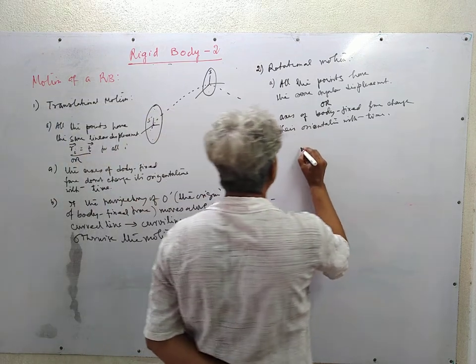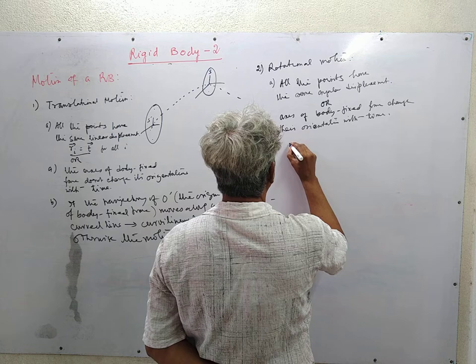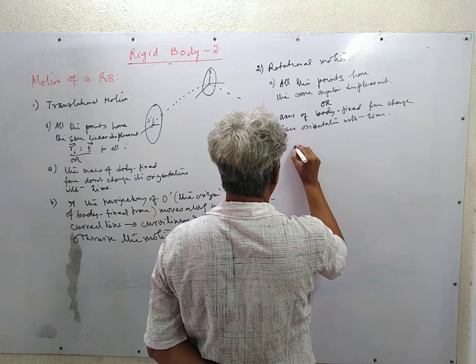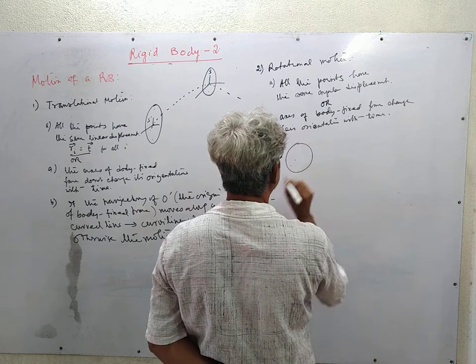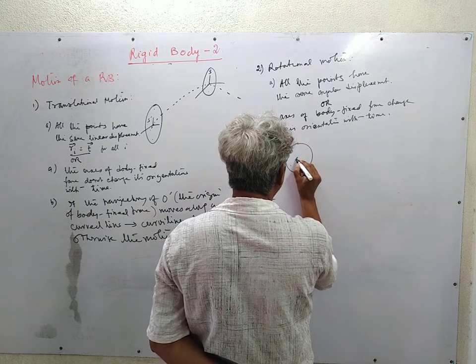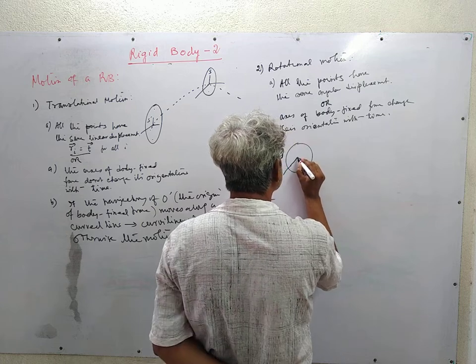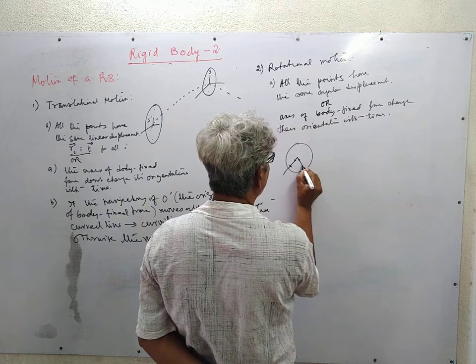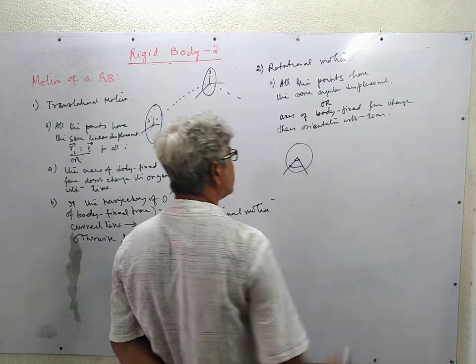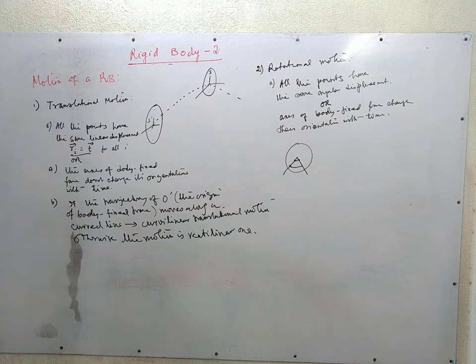Say we have a rigid body, an extended rigid body, and we have two particles on it, one here, the other one there. This is the line, and with the passage of time, these two points move over there, so this point moves to there and this point moves to there, so that the angular displacement is the same. All the particles of the rigid body have the same angular displacement.